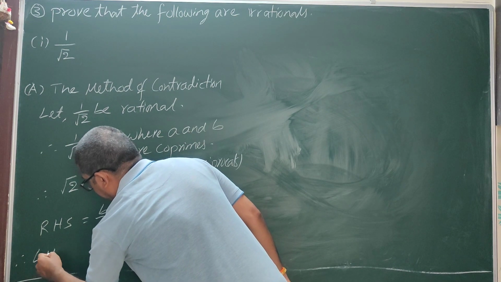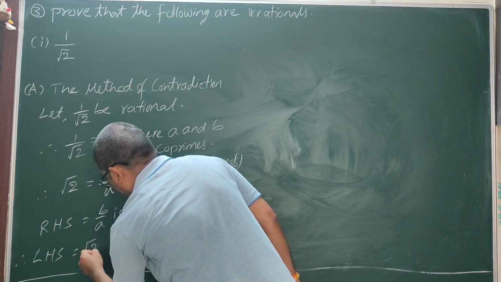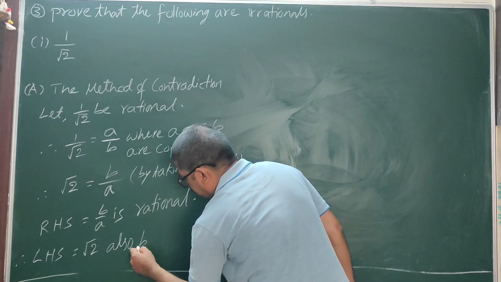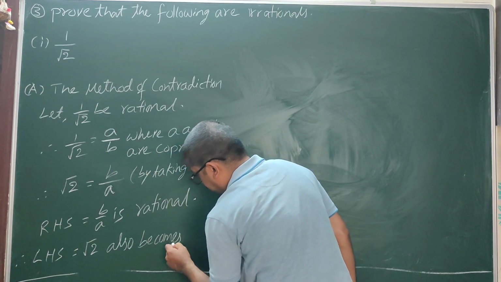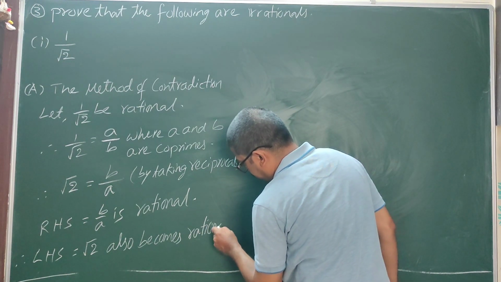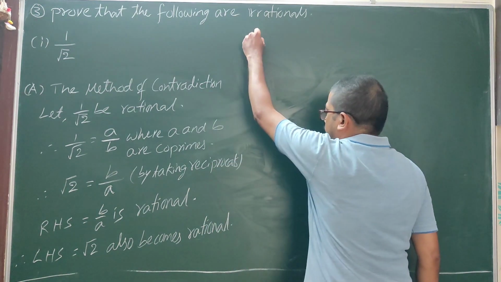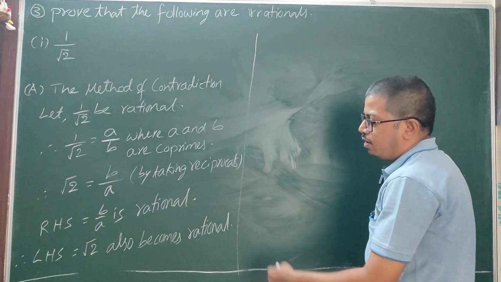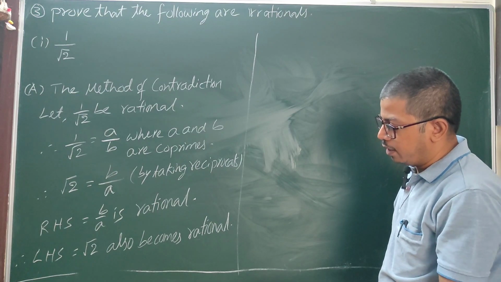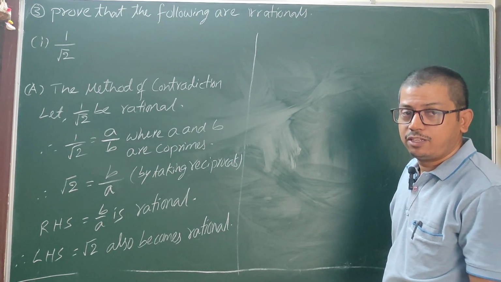Therefore, LHS part root 2 also becomes rational. If RHS part is rational, then LHS part cannot be irrational.